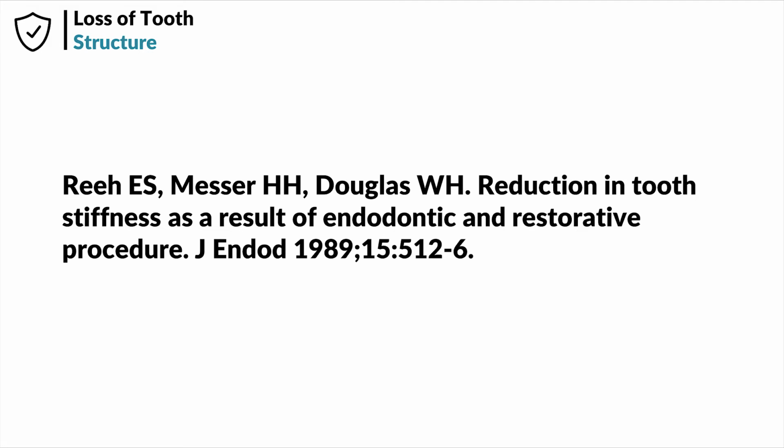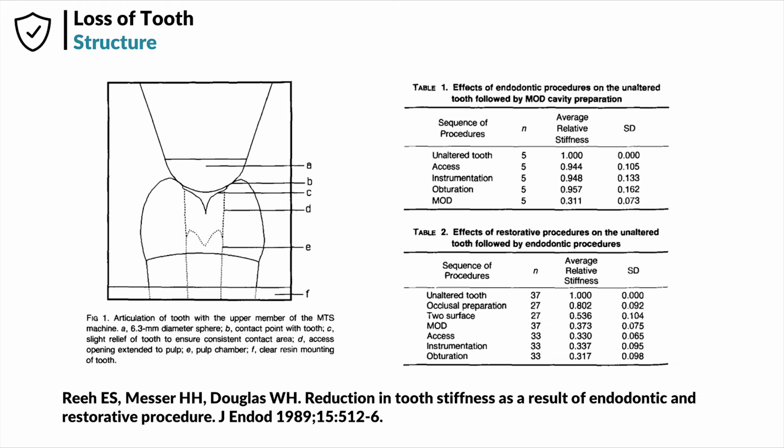So we sent out this article, right? Reduction in tooth stiffness as a result of endodontic and restorative procedure. Anybody want to give us a synopsis of the main point of what this author was trying to get at? So the idea is that as we drill away more tooth structure, the stiffness of that tooth is compromised, right?